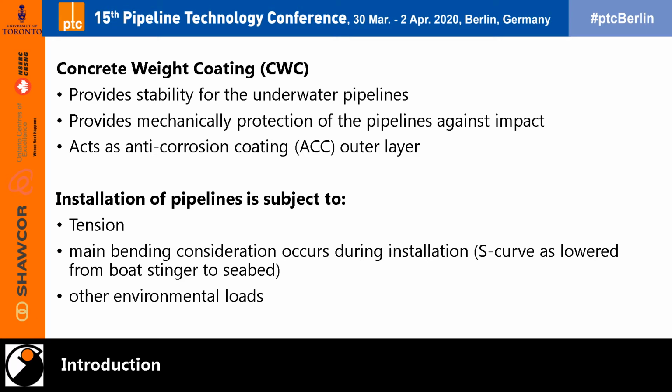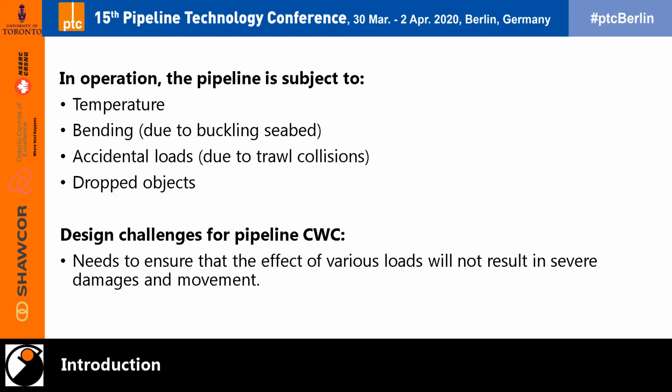The main bending considerations occur during installation, as the S-curve is lowered from the stinger to the seabed. In operation, the pipeline is subjected to temperature, bending, accidental loads, and dropped objects. While designing the pipeline CWC, they need to take into account that it won't get damaged or move.